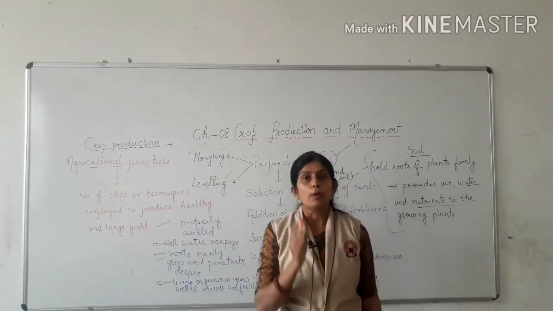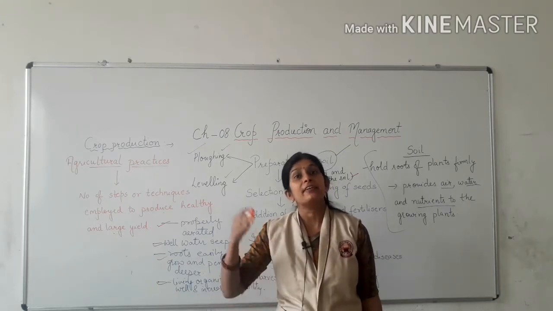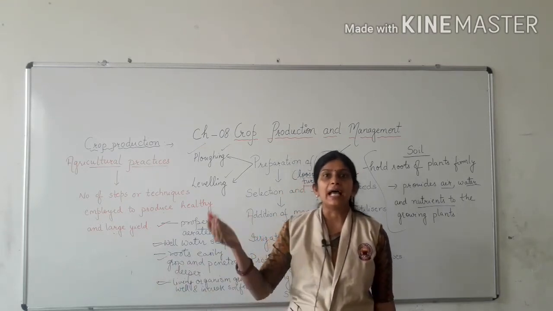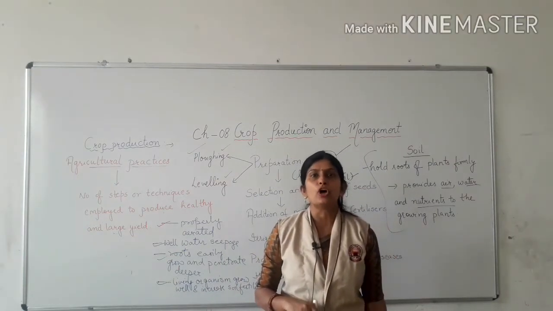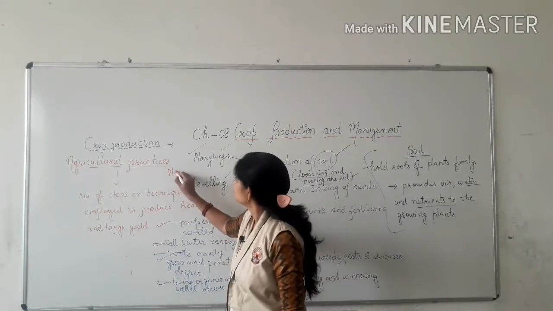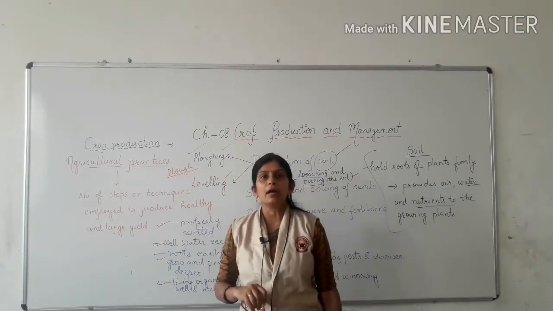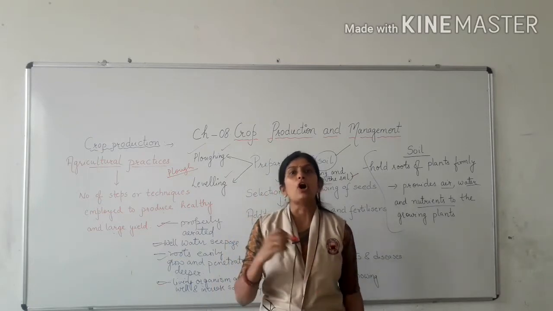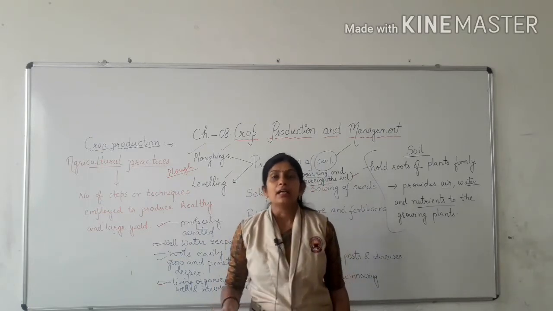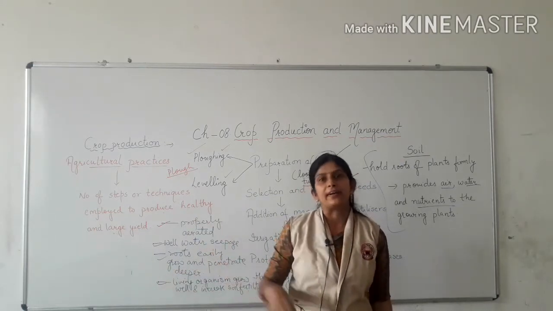Now, plowing actually loosens and turns the soil with the help of an implement or tool called a plow. This plow is made of either wood or iron, and it is drawn by either cattle or a tractor.